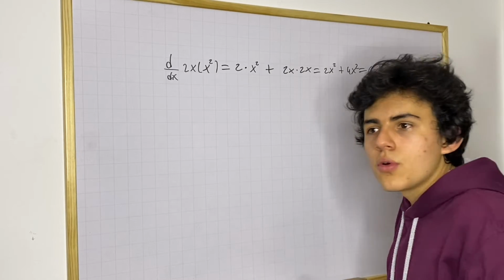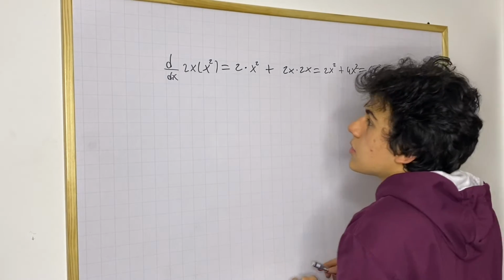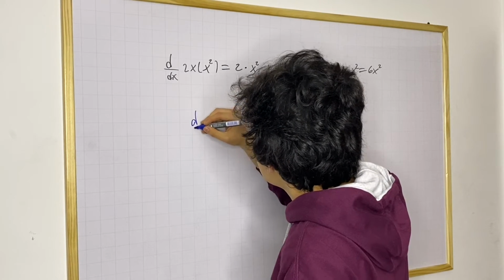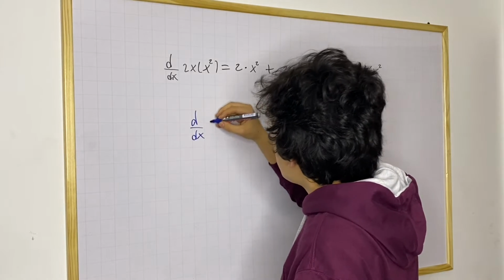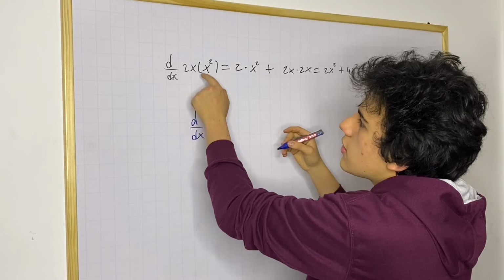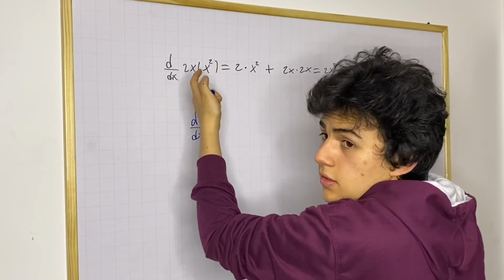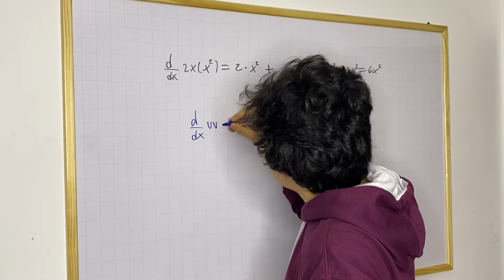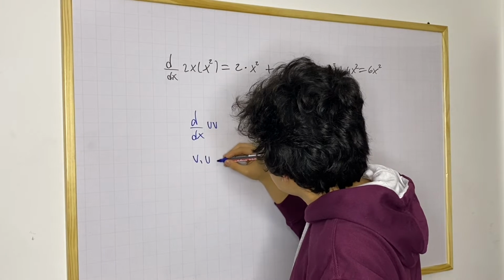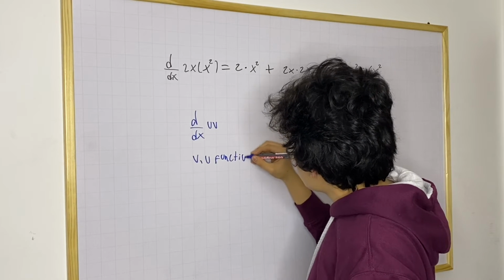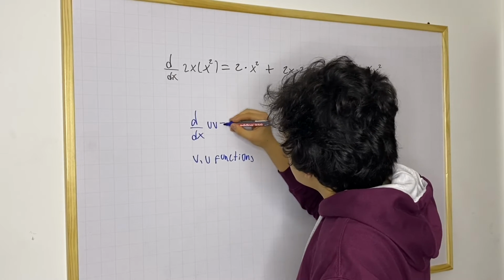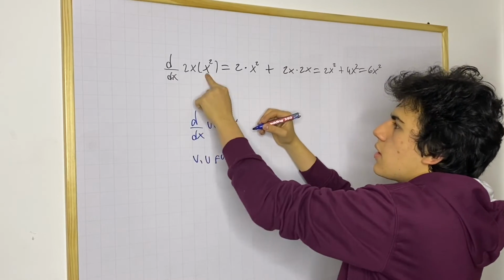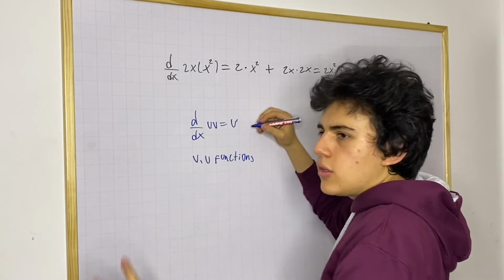Now, if you want to see the actual definition, if you have the derivative with respect to x of a product of two functions, 2x is a function and x squared is also a function. So let's say u and v are functions. Now the derivative of this is going to be the derivative of the first thing that you see times the second factor, but don't do anything to it, okay?